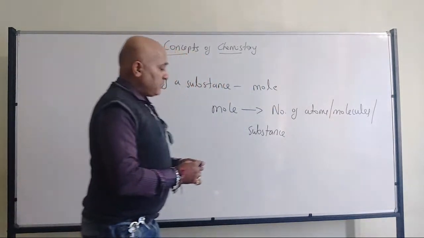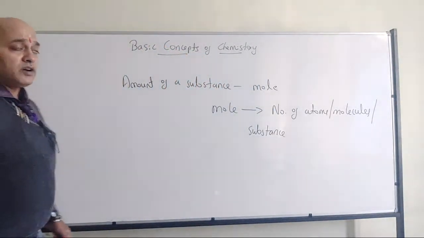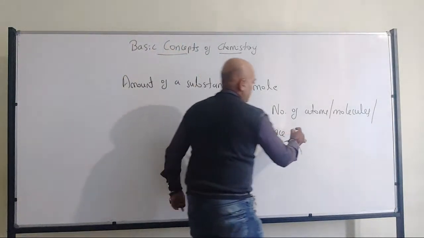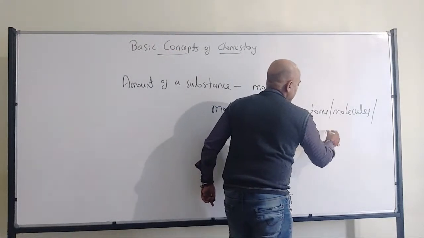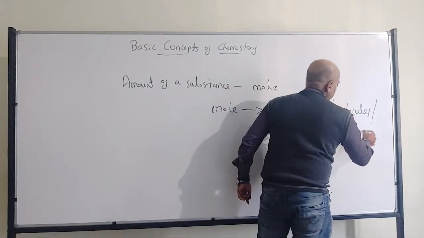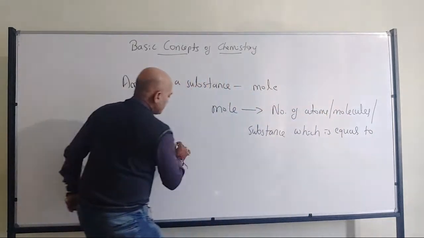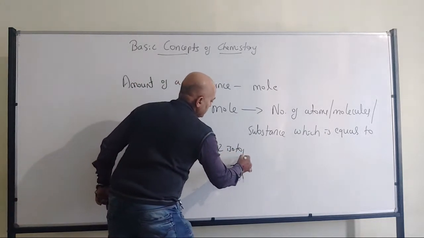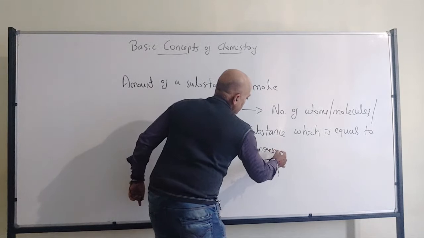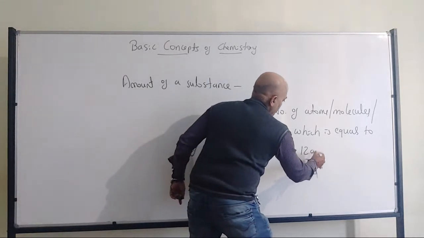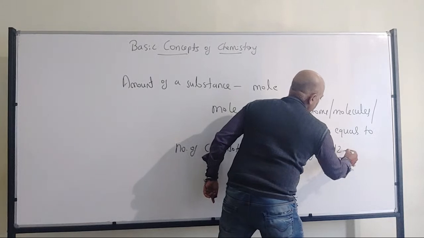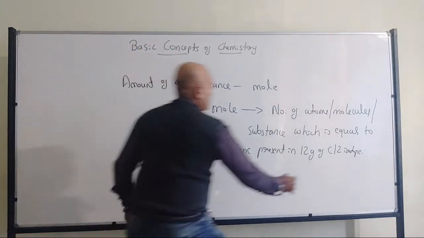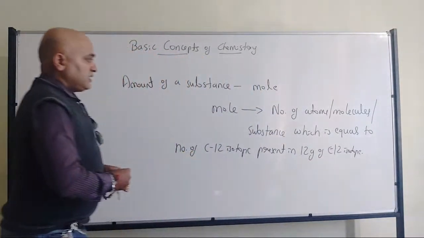Number of atoms or molecules or substance which will be equal to the number of carbon 12 isotopes present in 12 gram of carbon 12 isotope. Carbon 12 isotope.